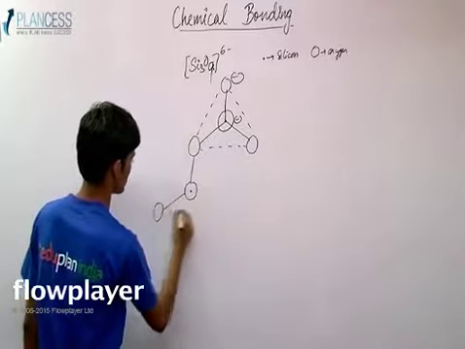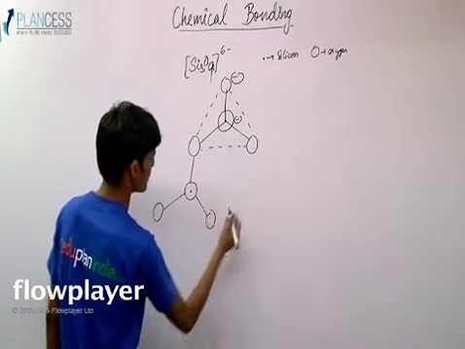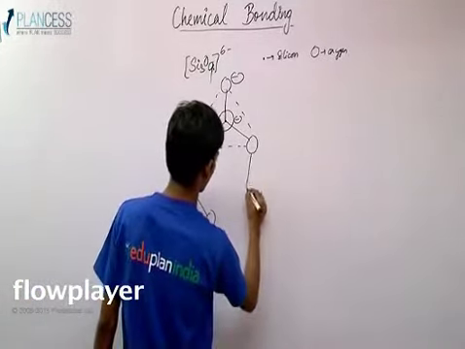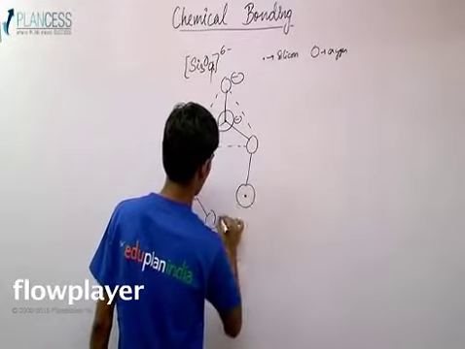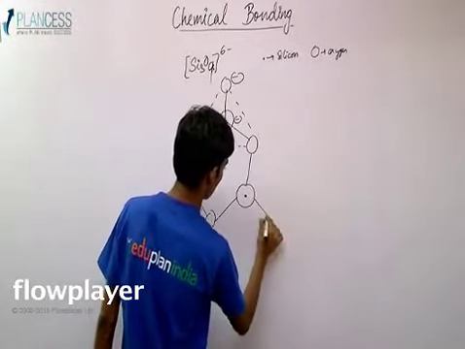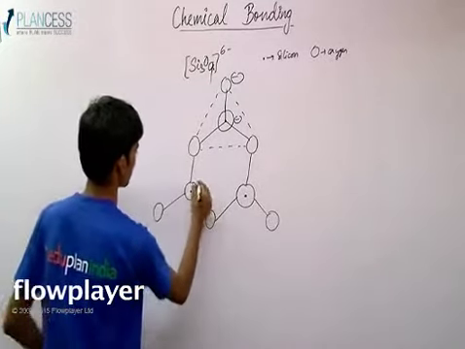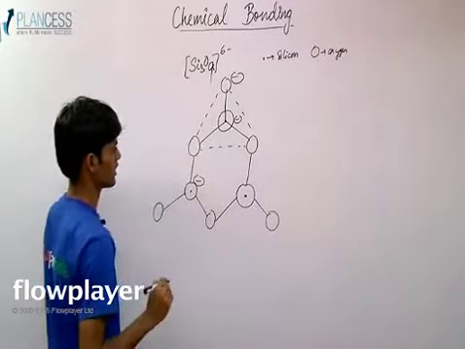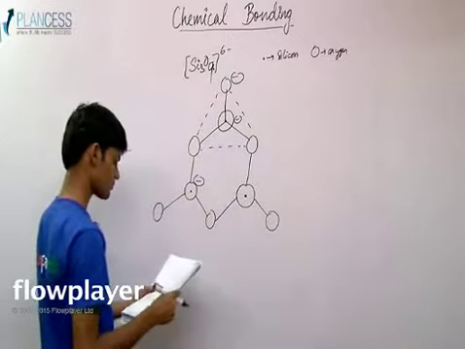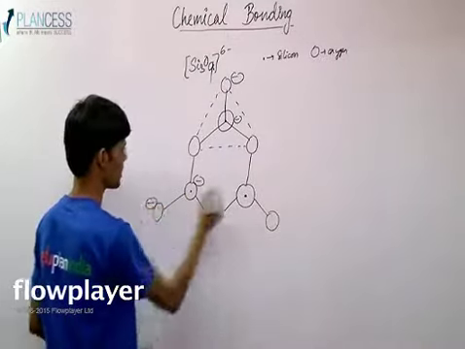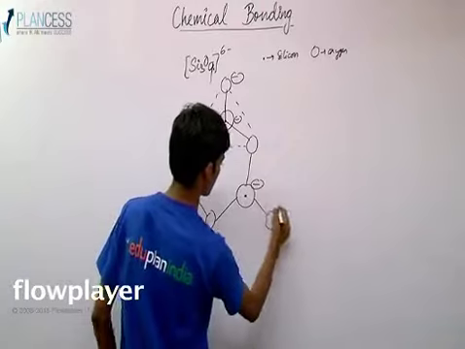This is again an oxygen here, then an oxygen here, then here is another with the same structure. The negative charge is here also, and here, and here, and here.